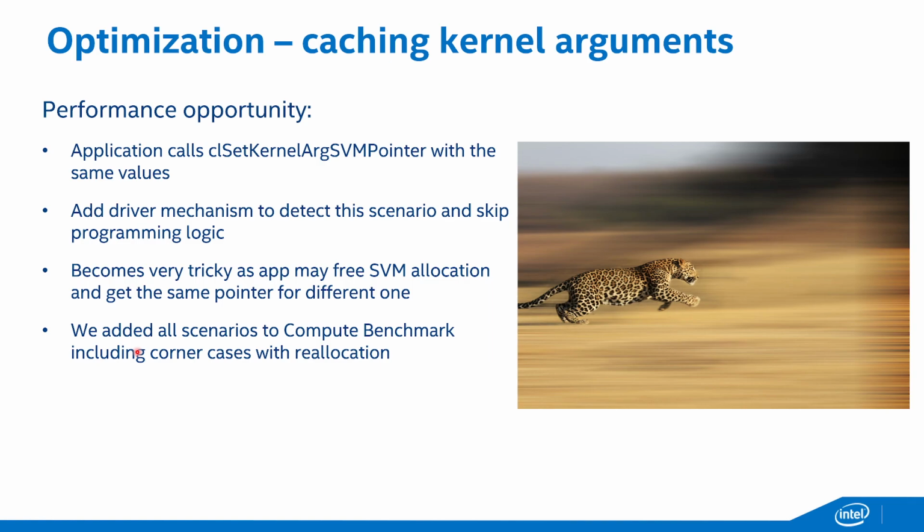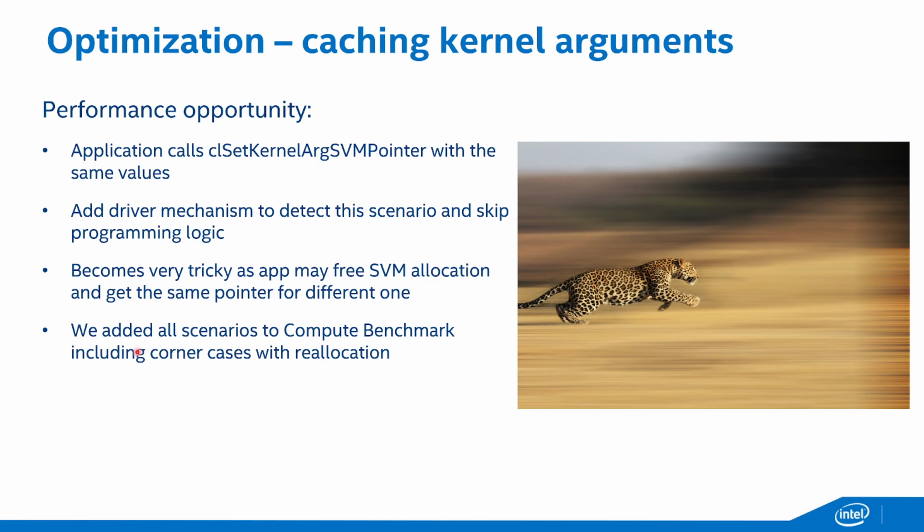If you have a lot of pointers, then you obviously have a lot of kernel arguments. And the customer was complaining that even though the resources are not really changing, clSetKernelArg has a constant overhead. Even if the same argument is set, the driver does all the programming.